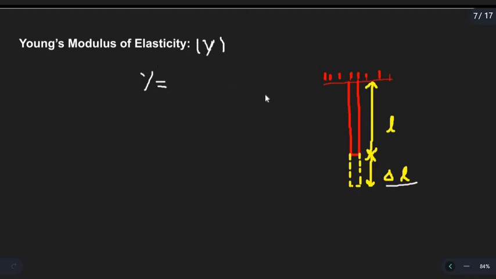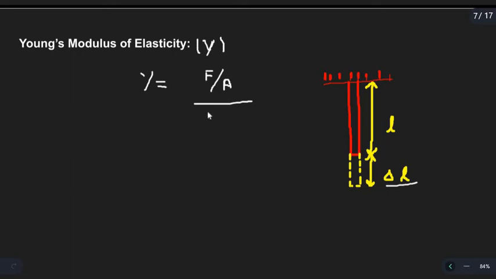So what is stress? We all know what is stress: the force you have applied or the load you have given. For example, you can hang a load from that wire or this rod. So F upon, let's say the area of cross section of this rod is A. So F upon A, and what will be the strain? The strain will be the ratio of change in dimension to original dimension.